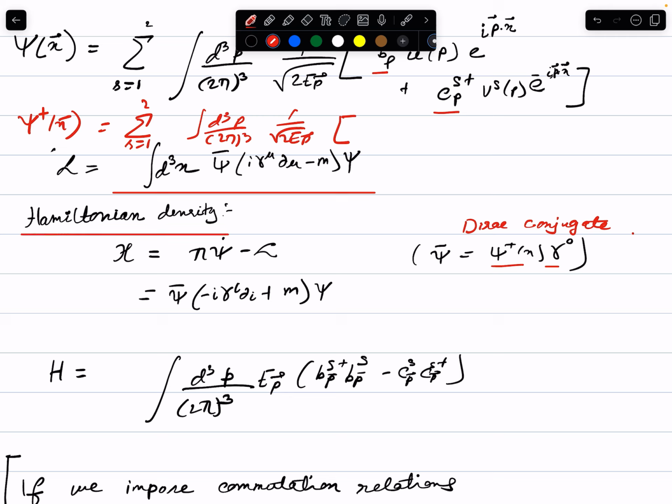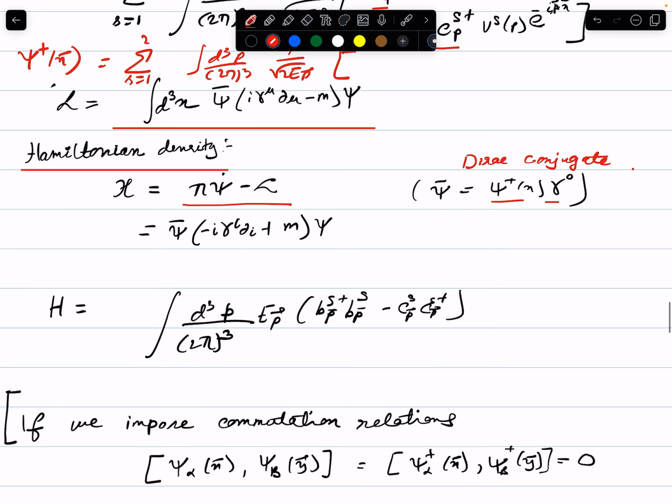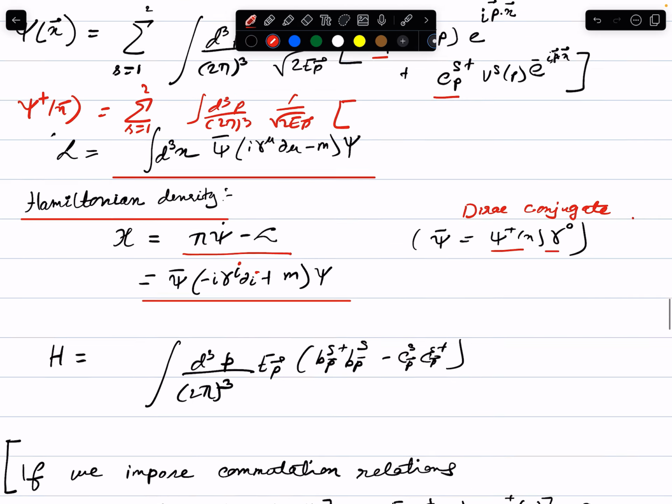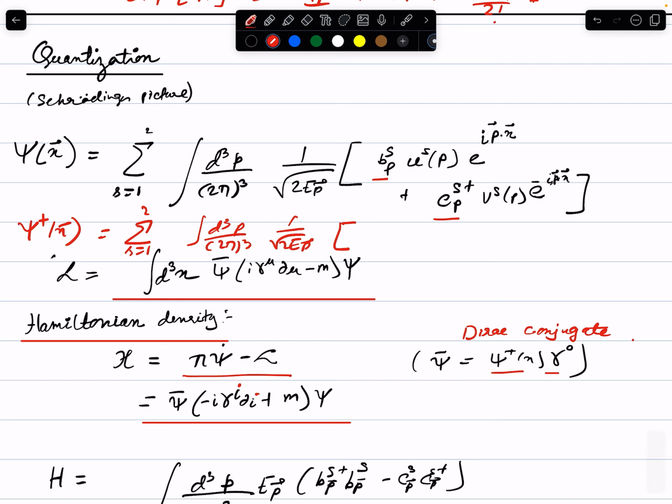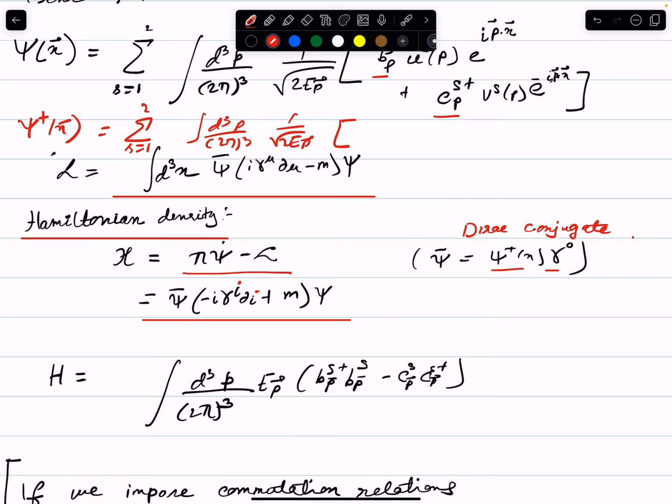The Hamiltonian density, just like in the usual process, you get this. This is the Hamiltonian density, which you can then transform, by substituting psi by this value, into operators. Again, there was a long calculation for scalars.